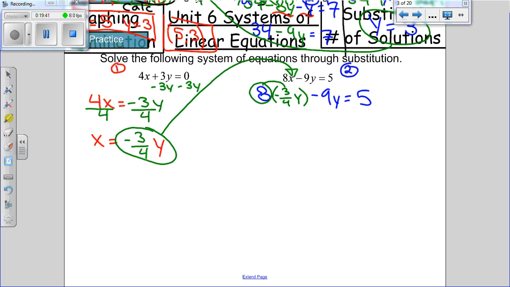Minus 9y equals 5. So I did my first thing, I expanded. I distributed that 8 into the brackets. I then collect any like terms. Sometimes there's not any. In this case, there is still. I have negative 6y minus 9y. That can add together to be negative 15y equals 5.